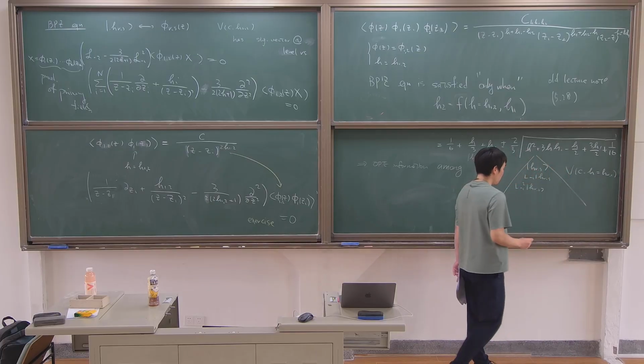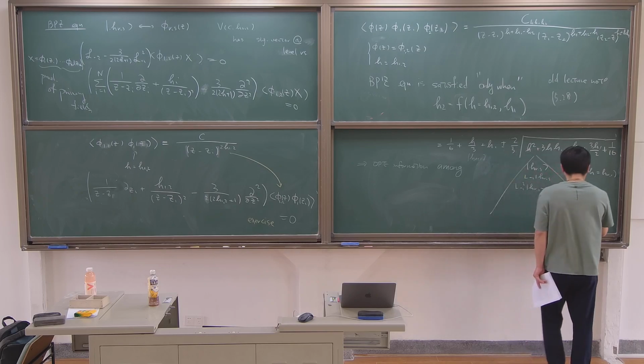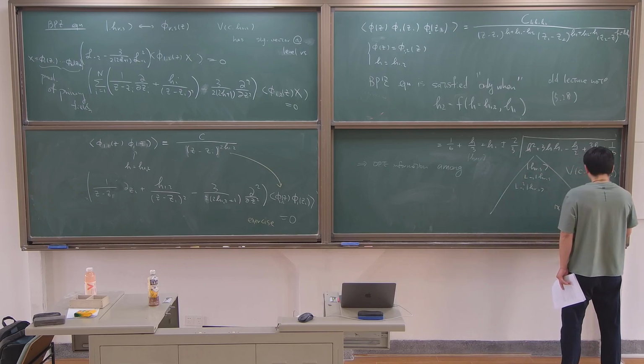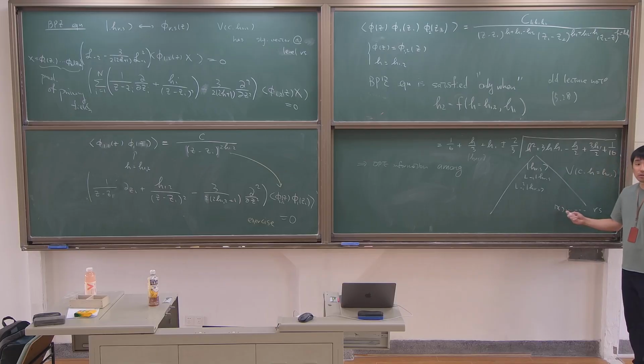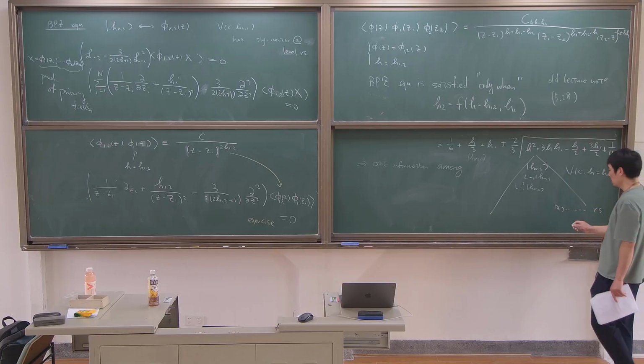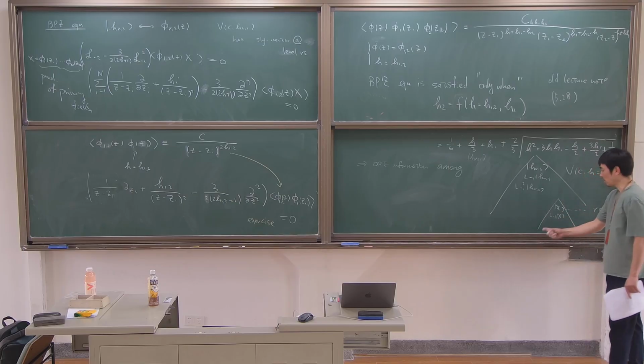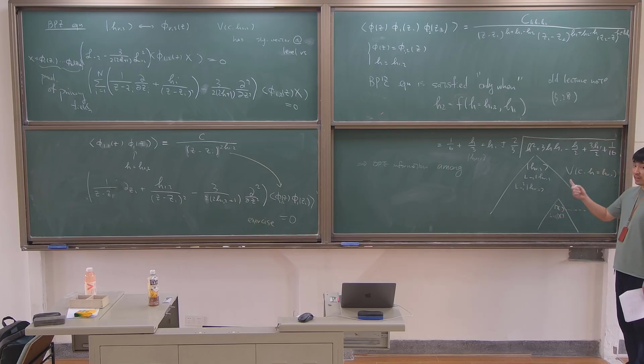Then at level r times s, you encounter some null state, or singular vector. From there, one can form L_{-1} chi, and so on. Negative Virasoro modes can act on chi, and that will create all the null states.